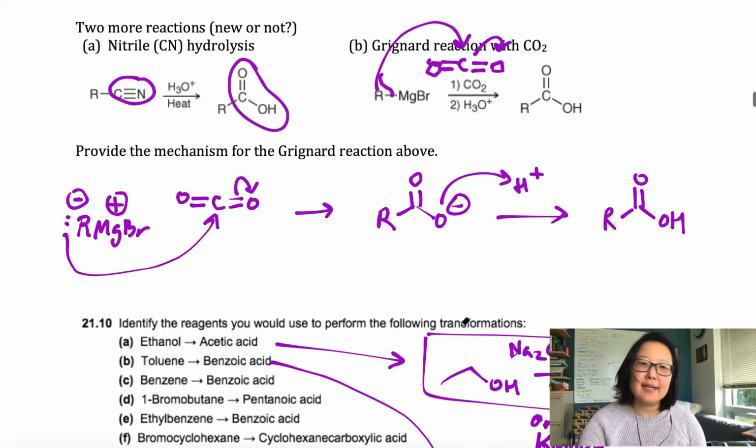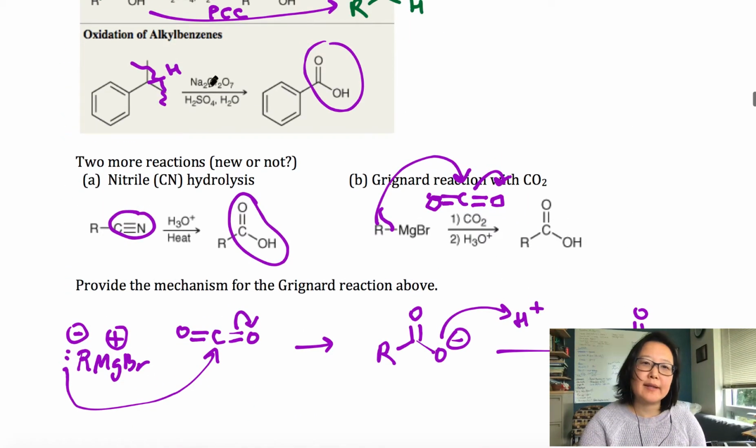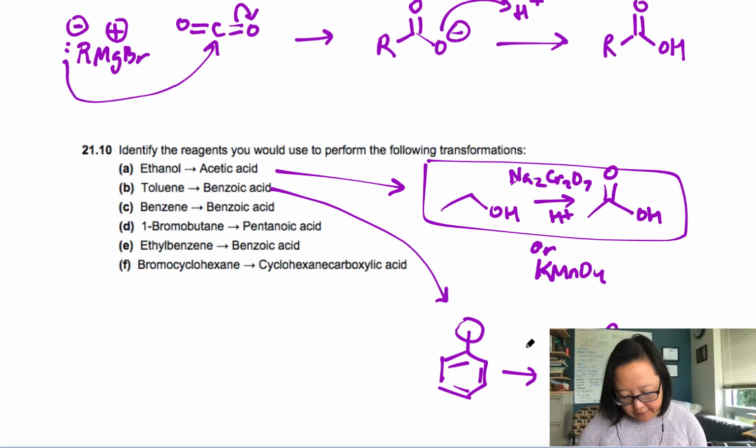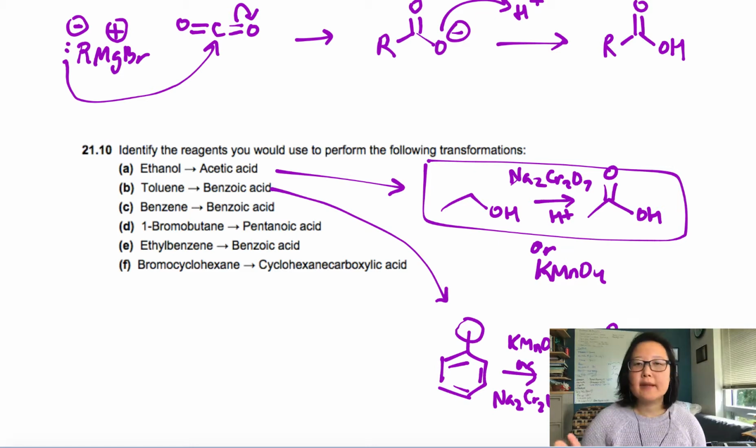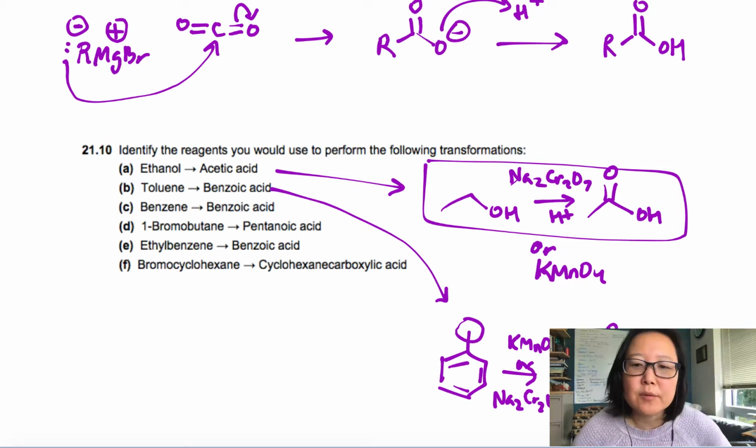So what you need are, we talked about that right here, Jones reagent or the dichromate ion, or KMnO4 also. In fact, I see this often with KMnO4, but you can use sodium dichromate or Jones reagent if you prefer. A strong oxidizer will work.